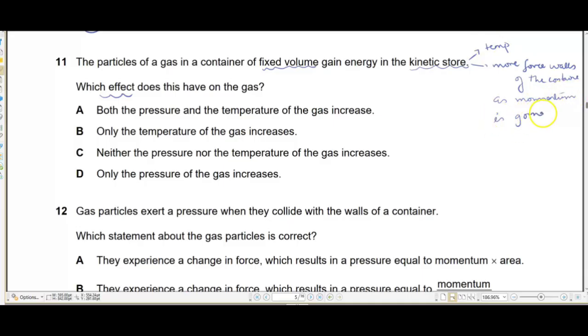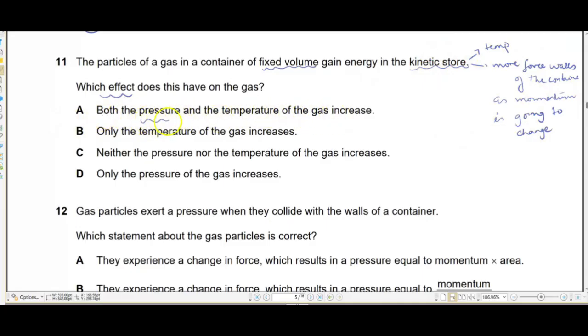So this much we know, when they've given us that the container has a fixed volume and it has gained energy in the kinetic store. The kinetic store's energy will only increase when the temperature has increased. So these two things are going to happen. Now let's look at the options and see what fits with our description. Both the pressure and the temperature of the gas increases.